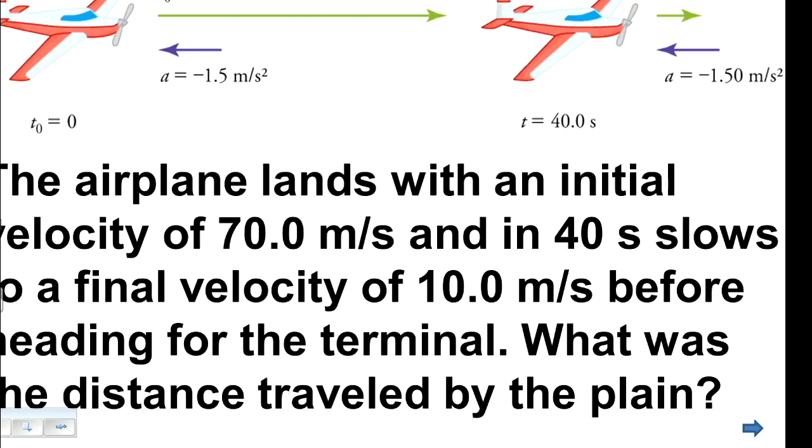As you can see, this calculation for the acceleration already has been done. Acceleration was equal to final velocity minus initial velocity divided by time.